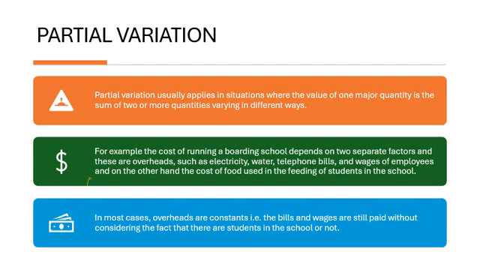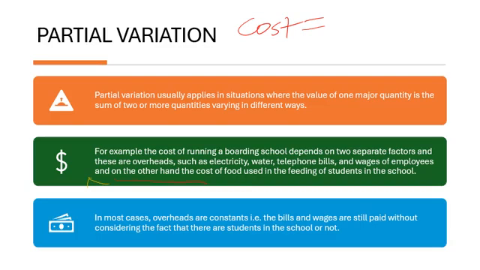In this example they are saying the cost of running a boarding school depends on... so the first thing you have is cost. Of a boarding school you have cost, and this cost is a major thing which is depending on a lot of things for the school to be run.